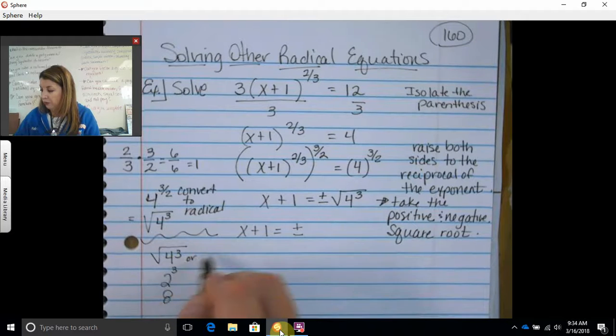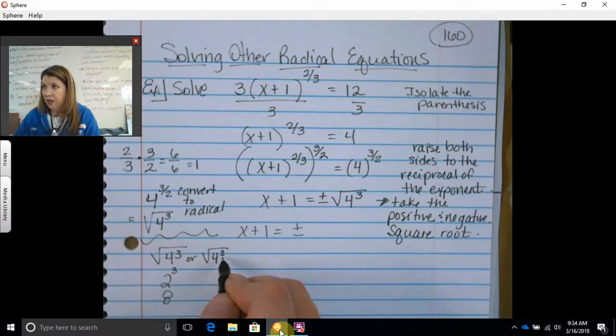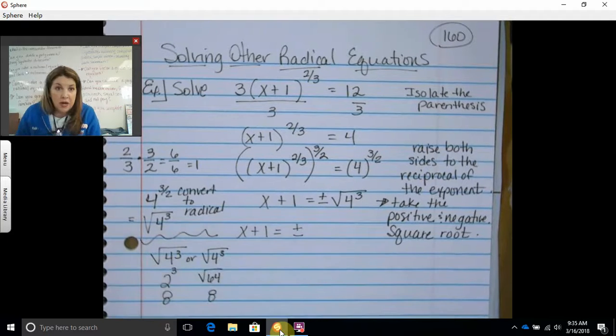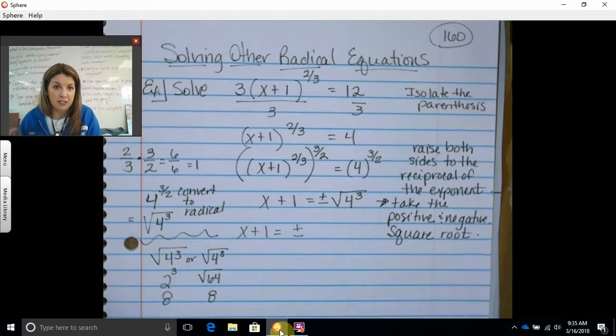We can do it that way. Or you can cube 4 first. What's 4 cubed? 64. So we haven't taken the square root of anything. We just cubed it. And then what's the square root of 64? 8. Either way, you're going to get the same answer. Just don't forget to do both operations, okay?